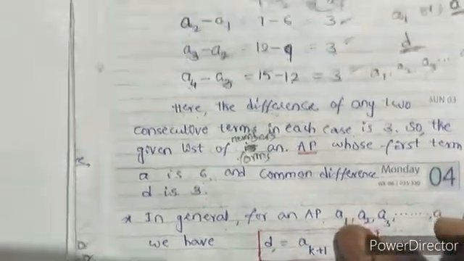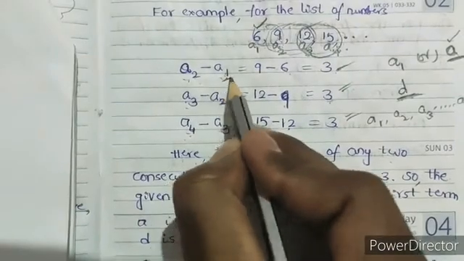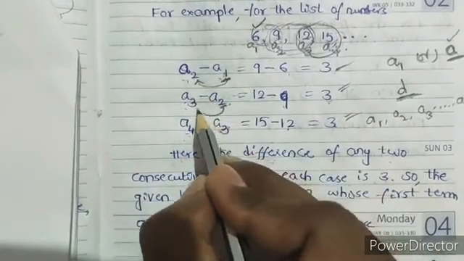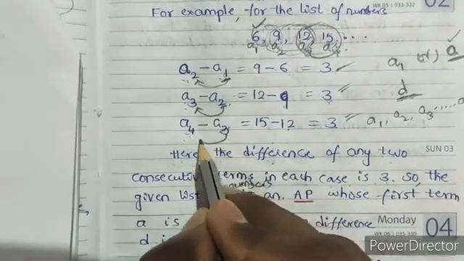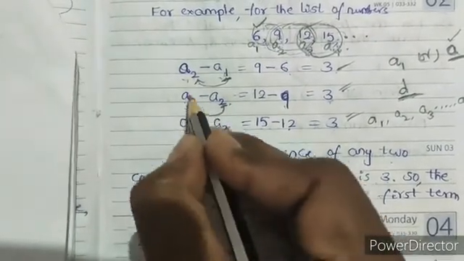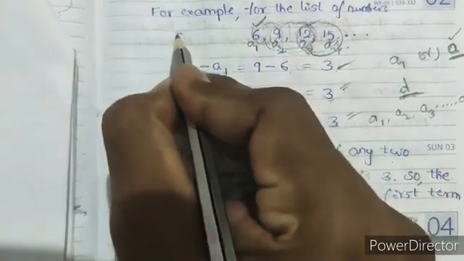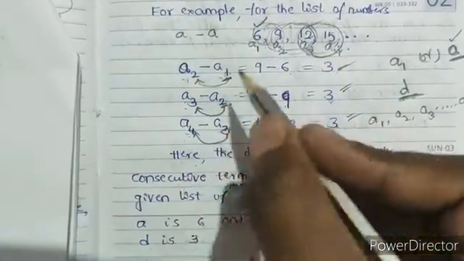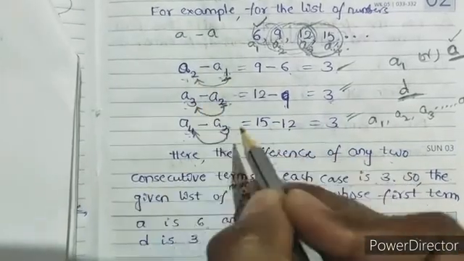In what way? You observe here, this is 1. 1, after what will come? 2. This is 2. 2, after what will come? 3. This is 3. 3, after what will come? 4. So in general, if you wanted to write, this is A2 minus A1, A3 minus A2, A4 minus A3.